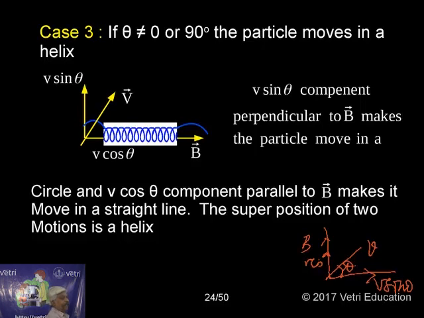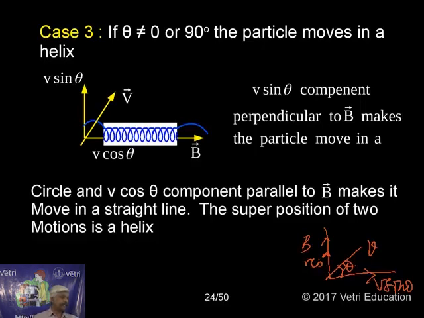So, if the particle has a velocity V, and the direction of velocity is not equal to 0 or 90 at any angle theta, this velocity is resolved into two components. V sin theta along the x-axis, that is called the horizontal component. Here V cos theta along the y-axis. What happened?